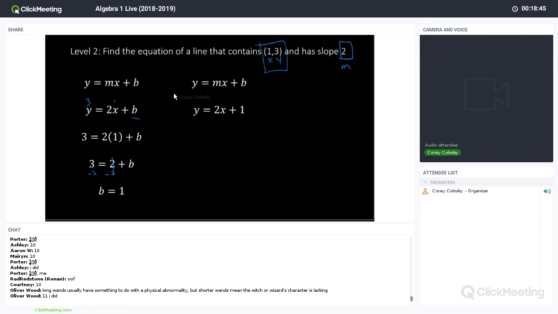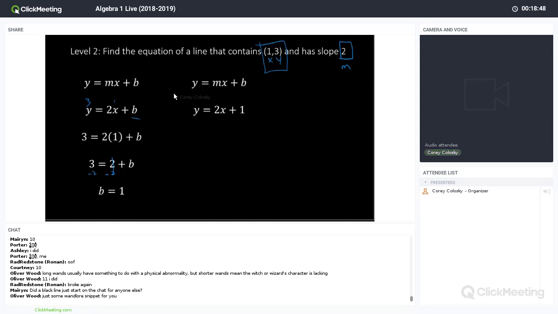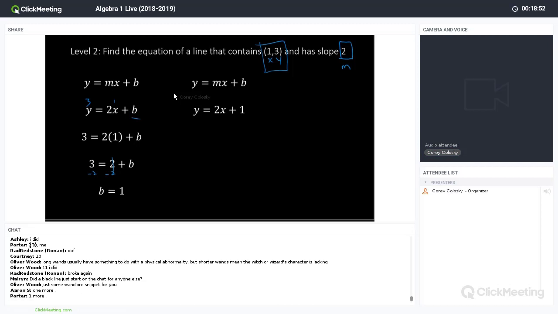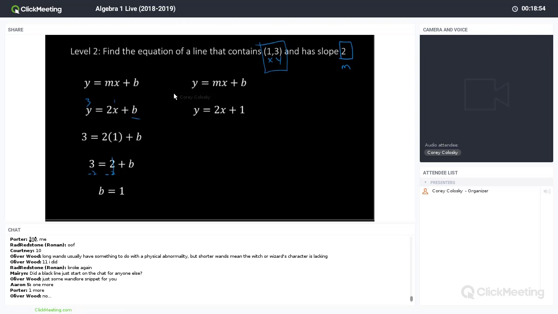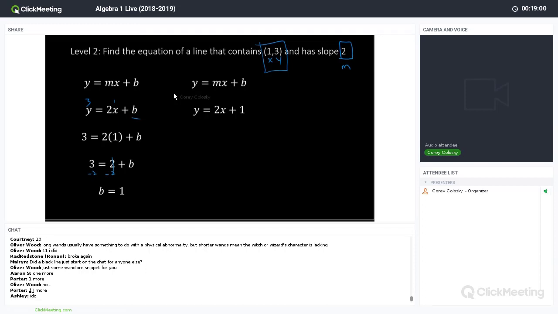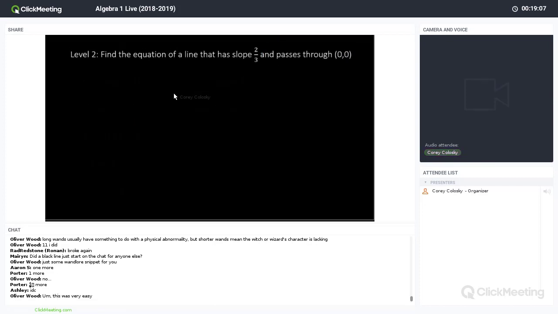Are you guys ready to level up to level 3? Or do you guys need one more with level 2? All right, we'll do one more at level 2. We don't want to have too much fun and go to level 3 too quickly. Gotta beat every part of level 2.